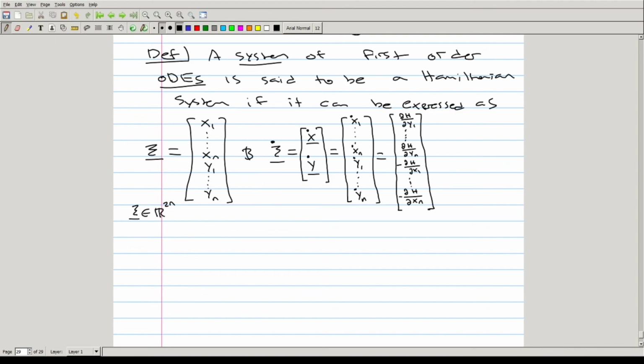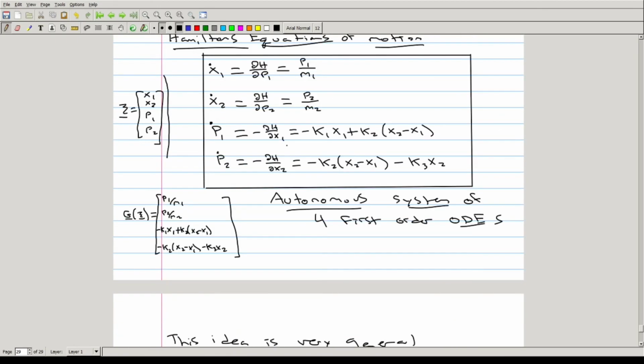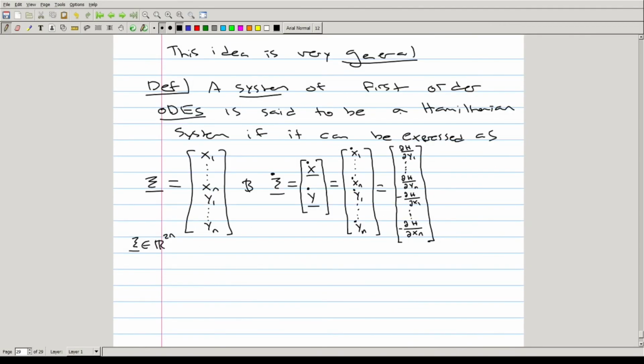And this is directly mappable to what we just talked about. The fact that this is a Hamiltonian system of mechanics, but this idea now is going to be defined for any dynamical system that has this form.